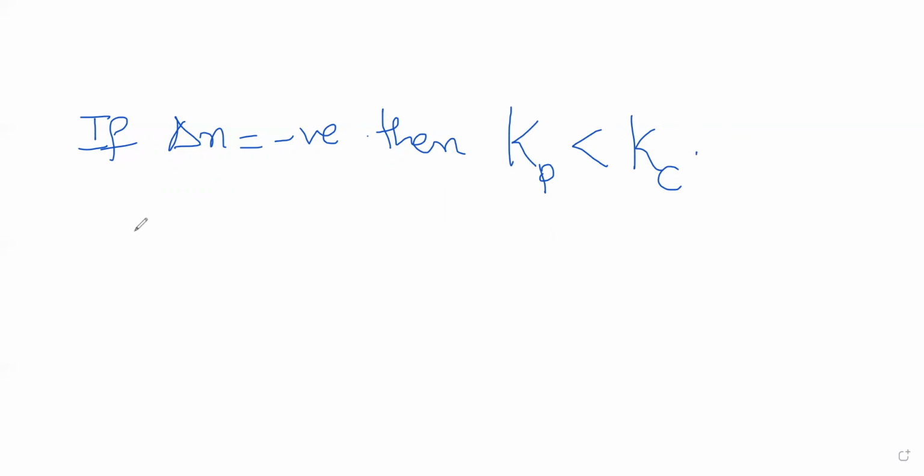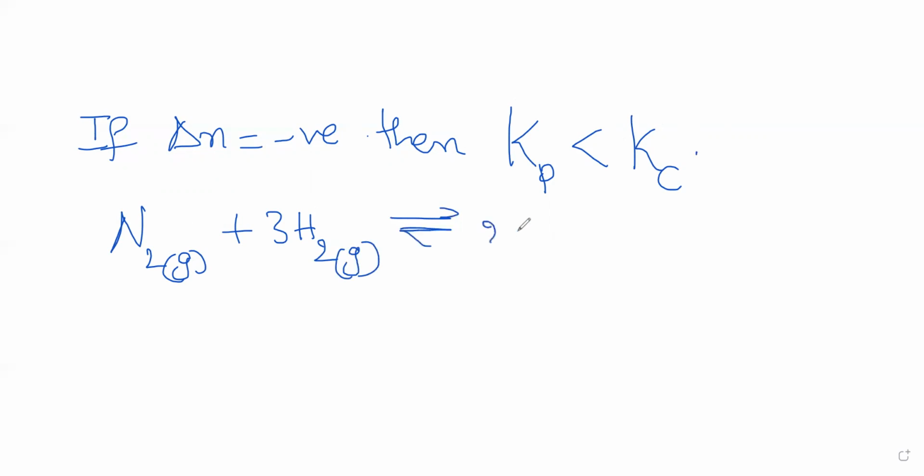So let us see this reaction: N2 gas plus 3H2 gas gives 2NH3 gas. Now you tell me what is delta n for this reaction. Please calculate and tell me.